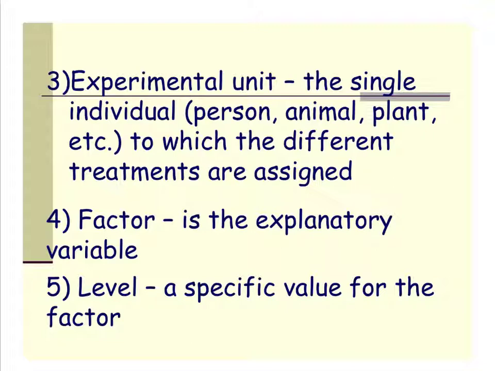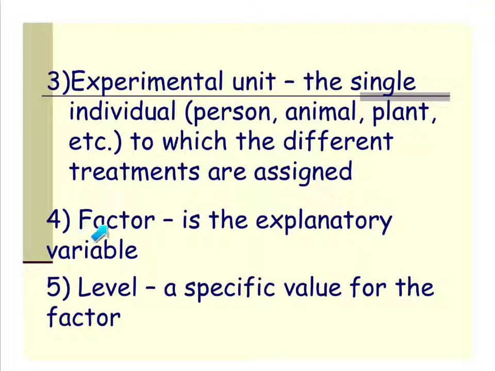And so continuing with the definitions on your paper, number 3 is the experimental unit. That's the single individual. This can be a person, an animal, a plant, etc., to which the different treatments are assigned. And in our case, our experimental units would be the rabbits, because that's what we are doing the testing on.